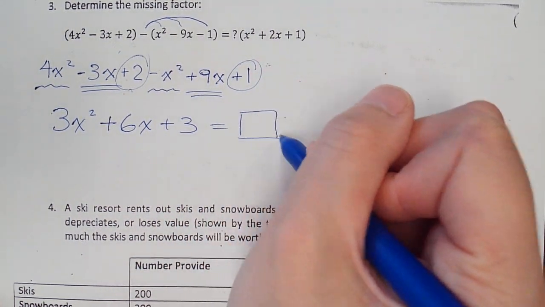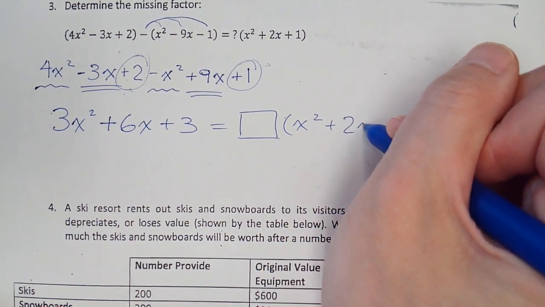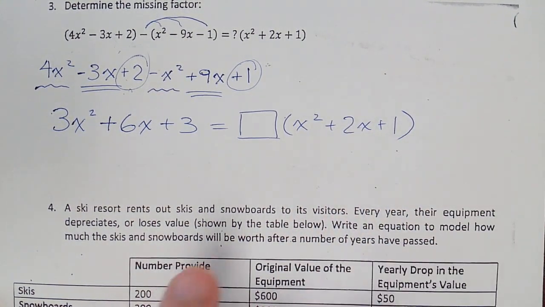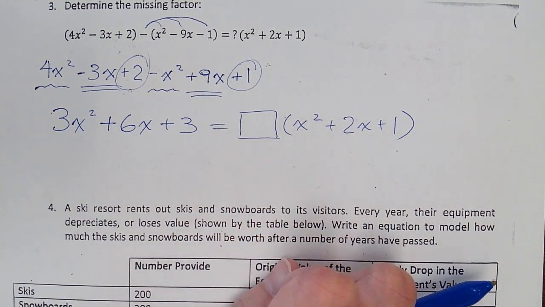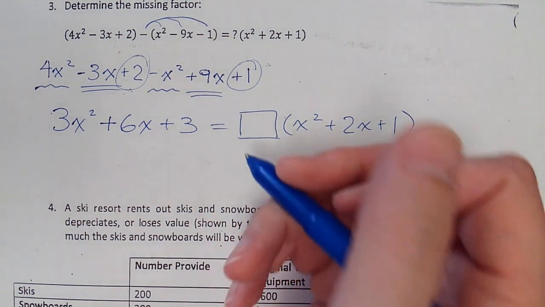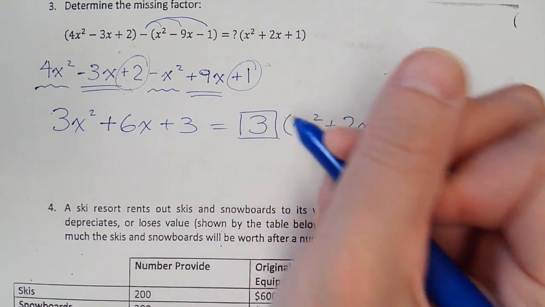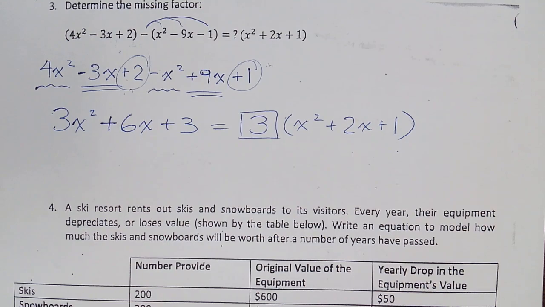Okay, so if I now compare the left side with the right side, you can easily see what that number is. All right, what is the number? Kaden? 3. Yeah, that's it. You can tell it's just 3. 3 times this times this times this, you'll get that.